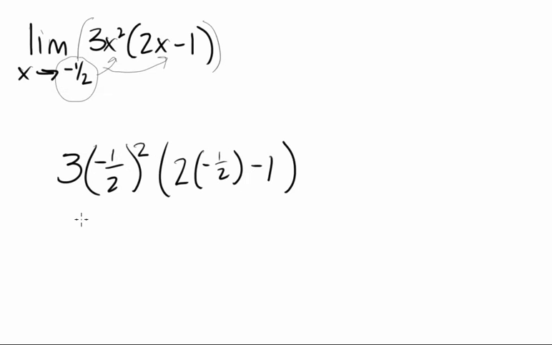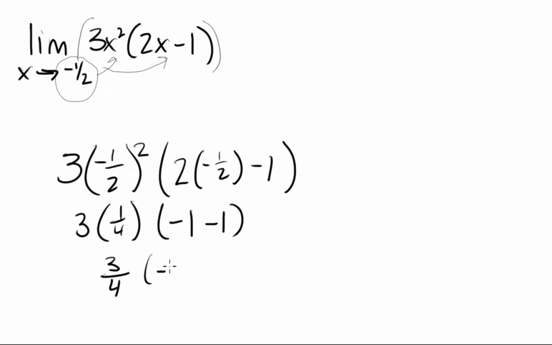So then it's 3 times 1/4. 2 times minus 1/2, that's minus 1. 3 times 1/4 is 3/4. And then minus 1 times minus 1 is minus 2. And so we're going to multiply these, so these two cancel out, so that becomes a 1, that becomes a 2, and so our final answer ends up being minus 3/2.